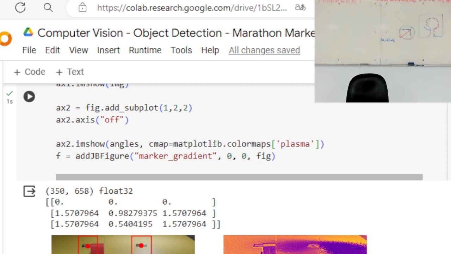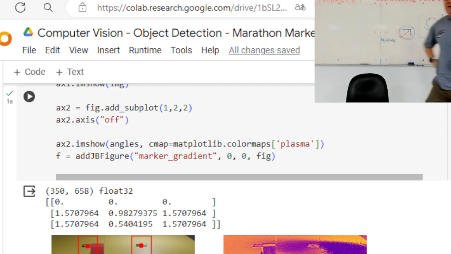What we could do is convert it into polar coordinates and then set everything where the gradient is below a very small threshold automatically to 0, just to make sure that all the areas that are uniform also show up with the same gradient of 0 degrees or something.